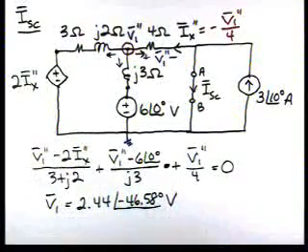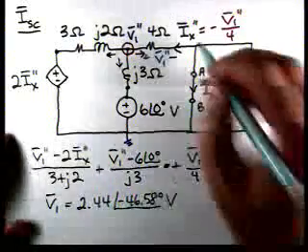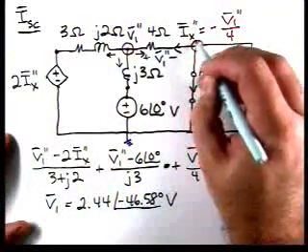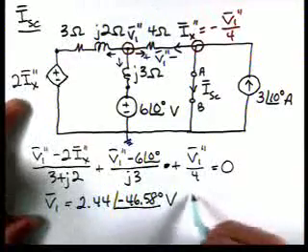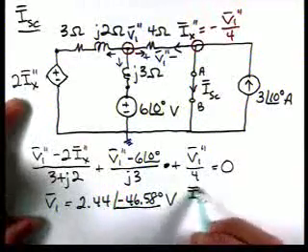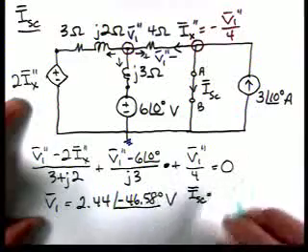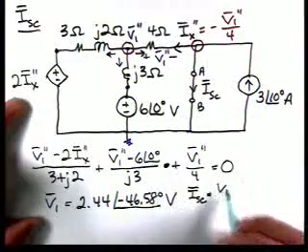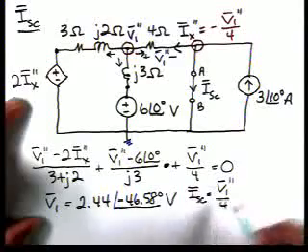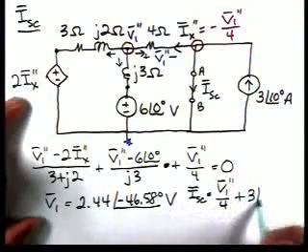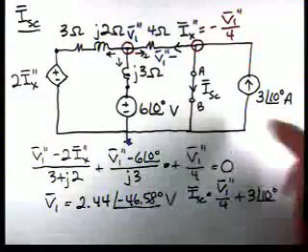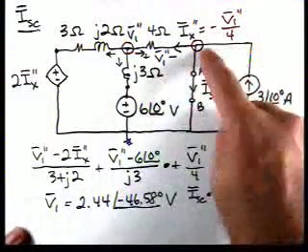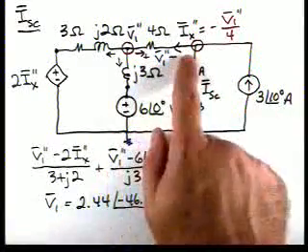Now, to calculate I short circuit, I'm going to need to apply KCL at that node. If we look, I short circuit is leaving the node, 3 at an angle of 10 is entering, and V1 double prime over 4 is entering. So I short circuit equals V1 double prime over 4 plus 3 at an angle of 10.